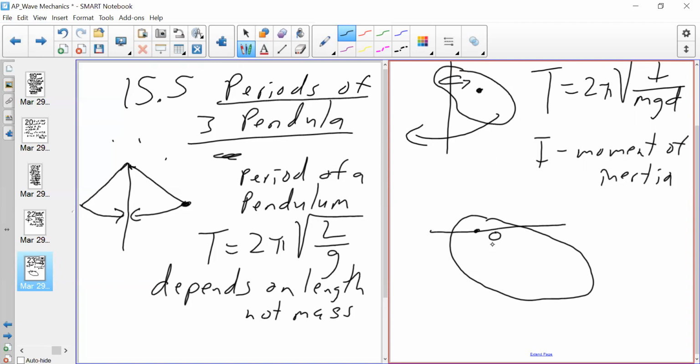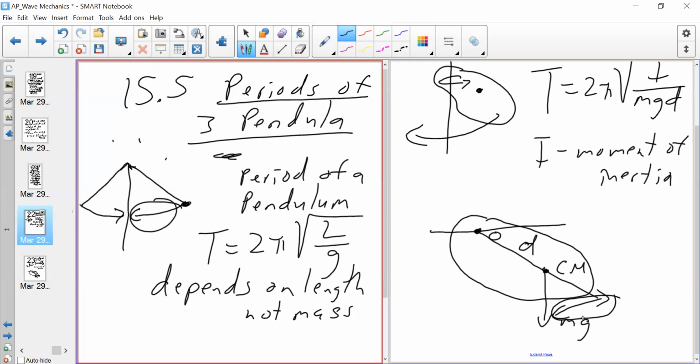It doesn't have to be there, but let's say the center of mass is here. The distance d is the distance between the axis of rotation and the center of mass. This thing has mass m, and so its weight is there, and so we have these two components. This component here is the driving force, like a pendulum, a driving force back and forth.